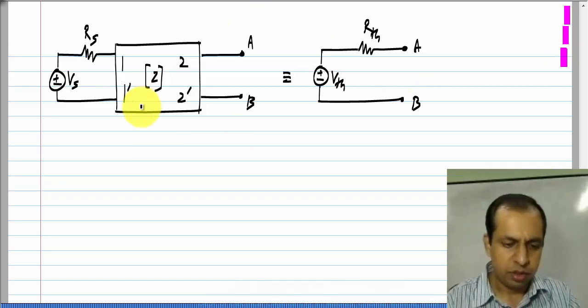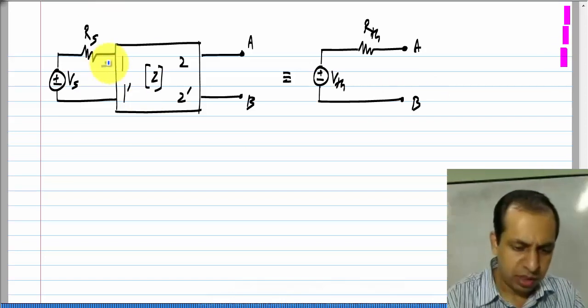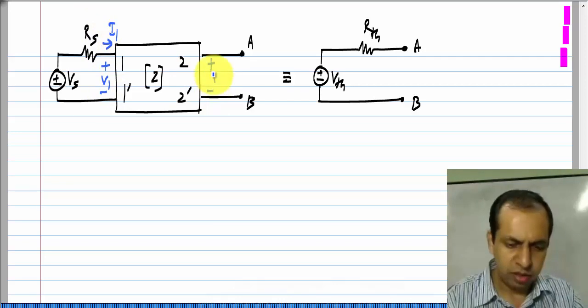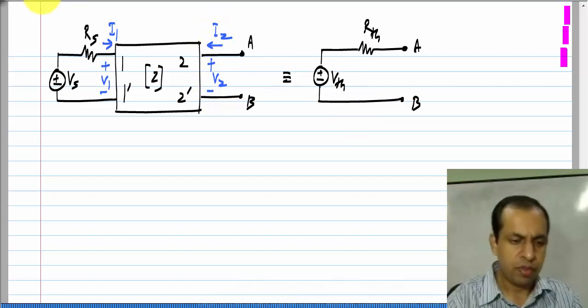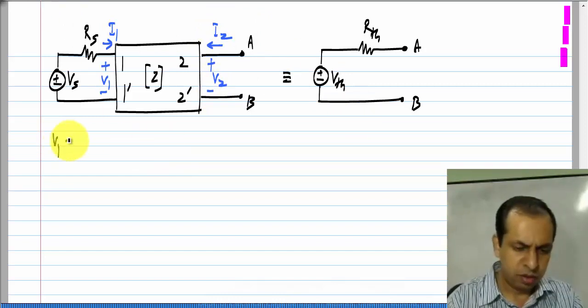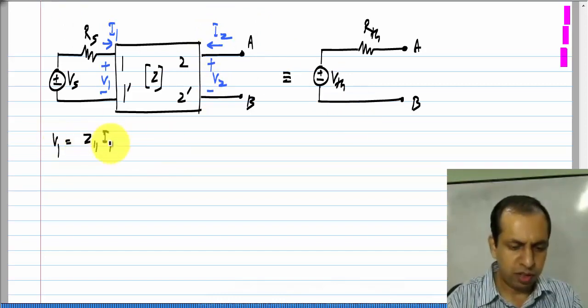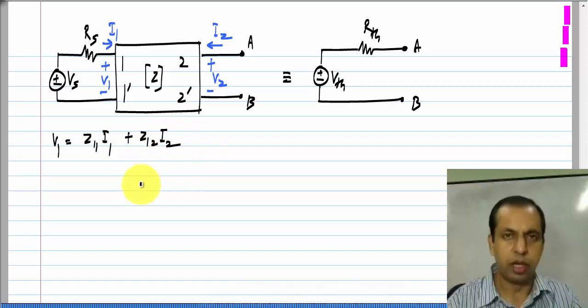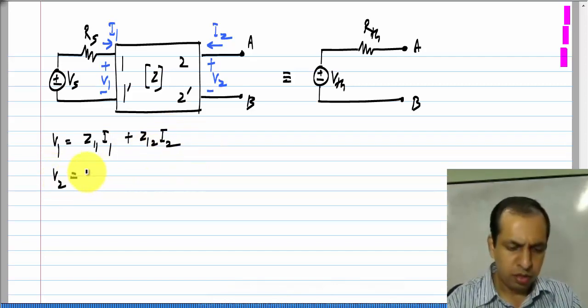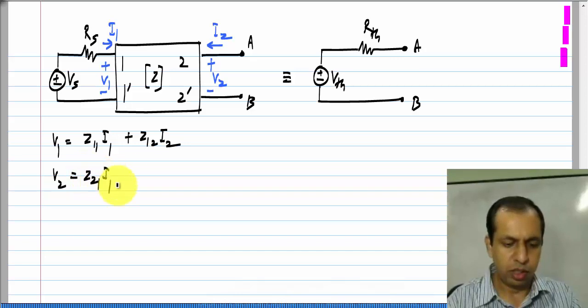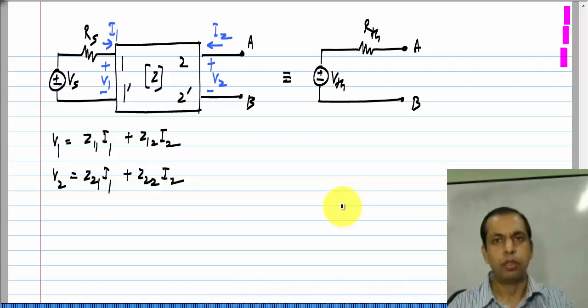Okay. So, what will I have? I will have this V1, I1, V2, I2, and I know that V1 is Z11 I1 plus Z12 I2, V2 is Z21 I1 plus Z22 I2.